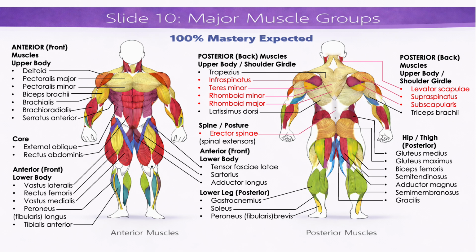In the upper body, the deltoid, triceps, biceps, pectoralis major, trapezius, and latissimus dorsi control lifting, pushing, pulling, and positioning. These muscles are used continuously in patient handling and bedside care. Weakness in any of these areas directly compromises patient safety.